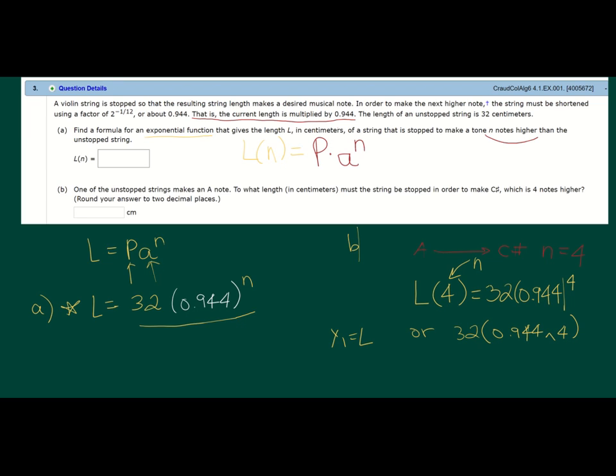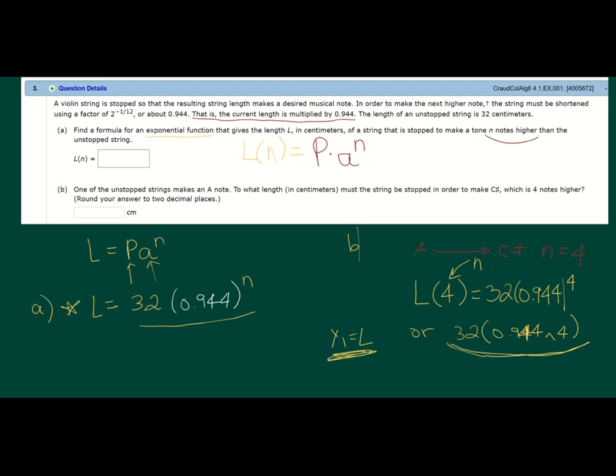Now, if you had to do a lot of questions with this particular formula, I would just type it in as a function so that I could use the table. But if you're just doing one calculation, it might be too much work for you to go type that in. So sometimes just typing in exactly what you're looking for can give you the correct answer.